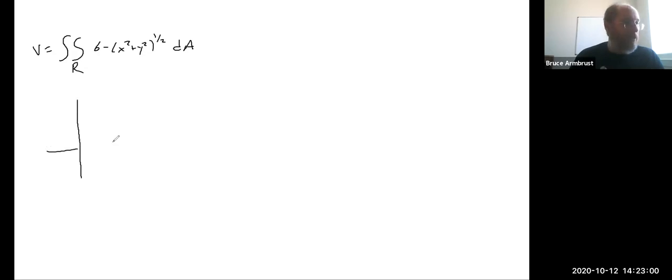First, let's look at the angles. It says we want to be between pi over 2 and 5 pi over 8. Well, pi over 2 is straight up. Pretend that that's going straight up the axis. And then 5/8 pi is over here.